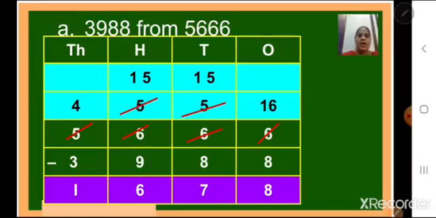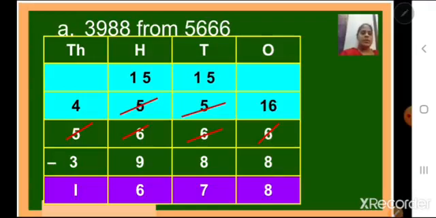So I have already put all the numbers. 5666 minus 3988. Children, following all the rules, we have to solve this question and we have to subtract. So we are going to start from ones place. 6 minus 8 is given here, which is not possible.